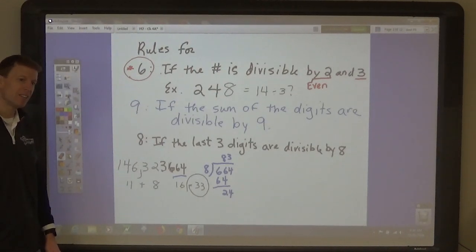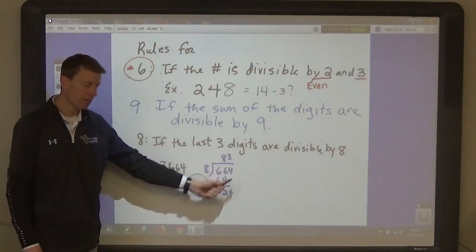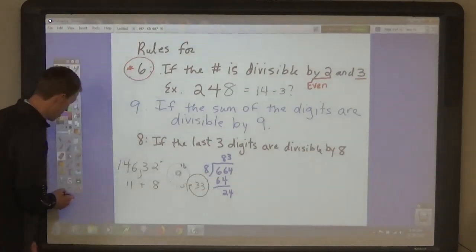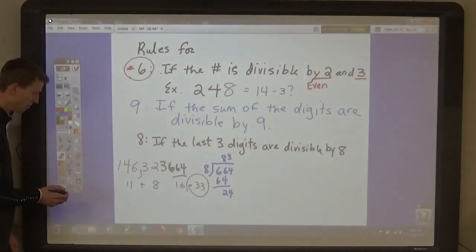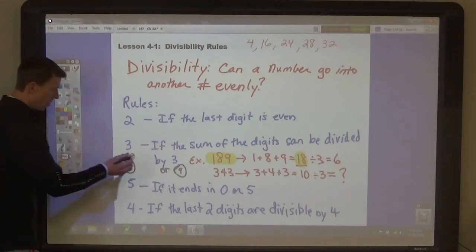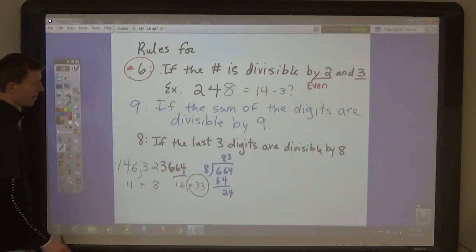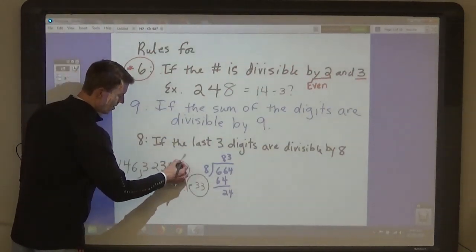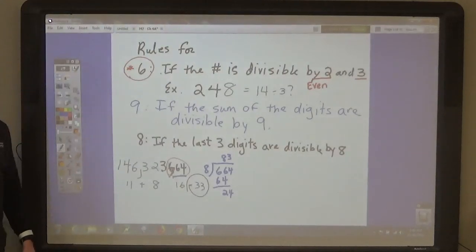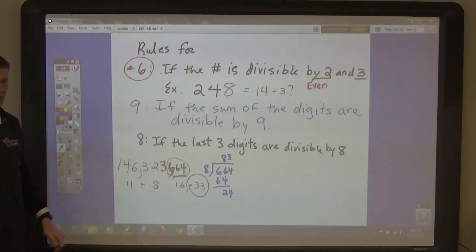That number is divisible by 8 because the last 3 digits, 664, are divisible by 8. We already talked about the rule for 9. What was that again, Jack? If the sum of the digits is divisible by 9.